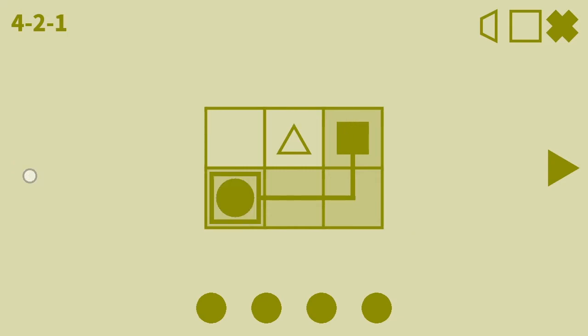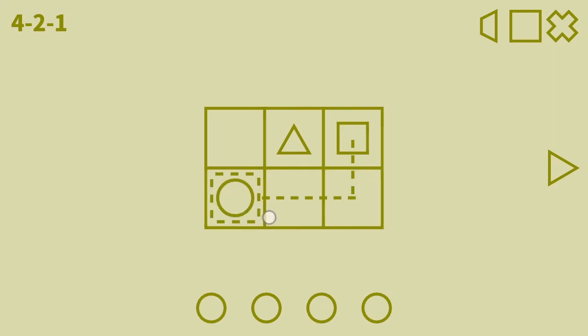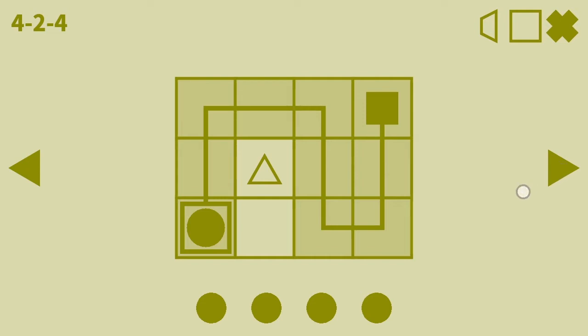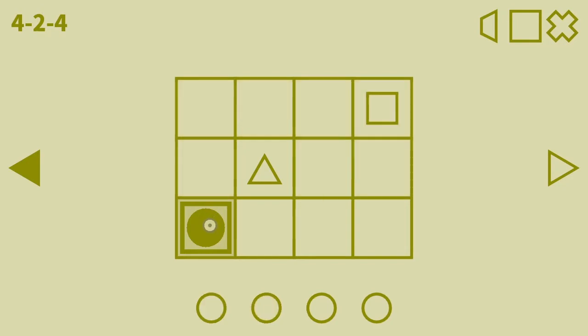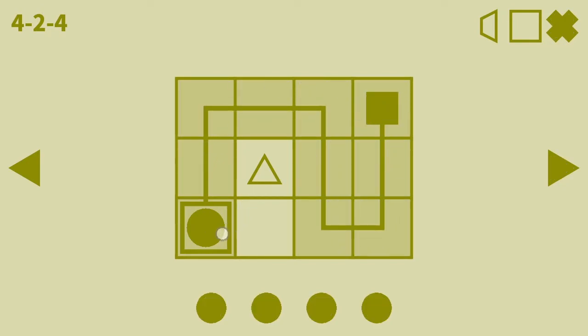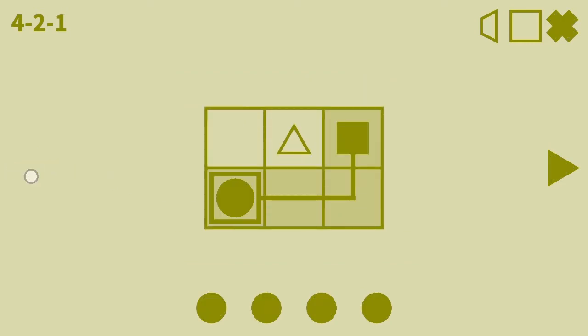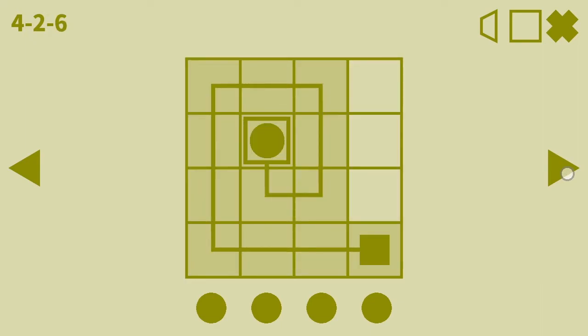What is the rule of this? Start on circle, end on square. Don't go through triangle, something else. Rectangular regions.